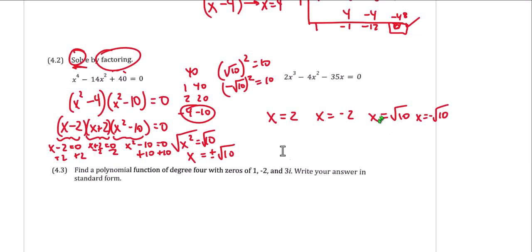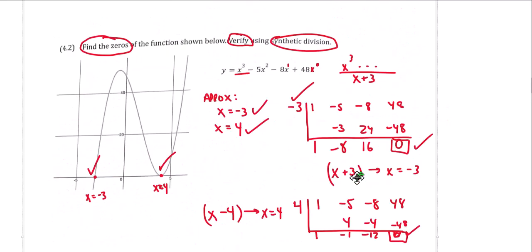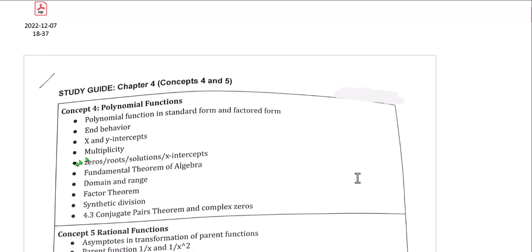So there's our 4 solutions, our 4 zeros. By the way, something at the top of the page here that we discussed, the fundamental theorem of algebra, remember, says that the degree of a function equals the number of zeros.